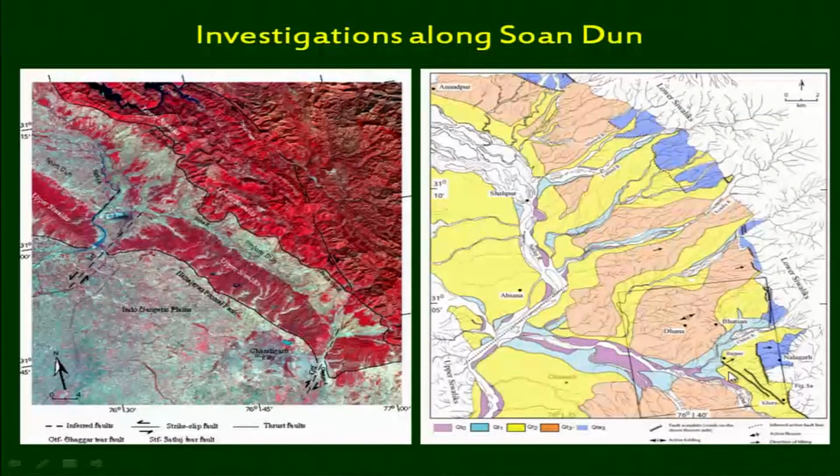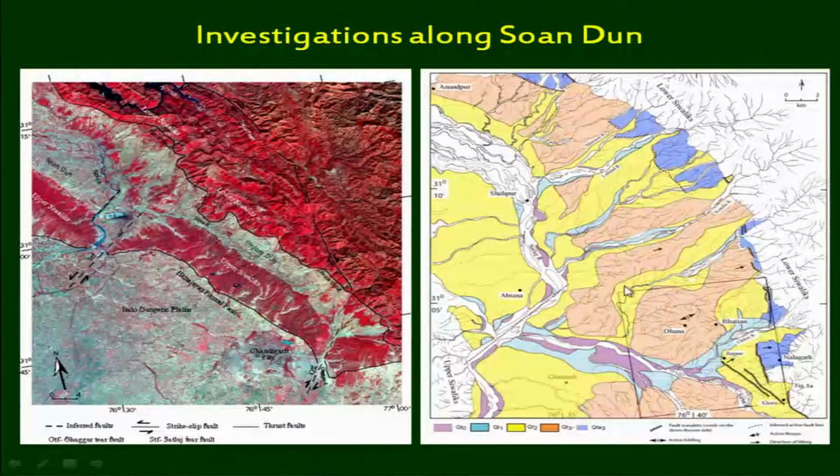dipping in an almost northeast direction. So this is another one, and this one is the direction of tilting. This portion has been tilted in the same direction, that is, in the northeast direction. So this is a warp, or we can say the folding flexure which has developed here.